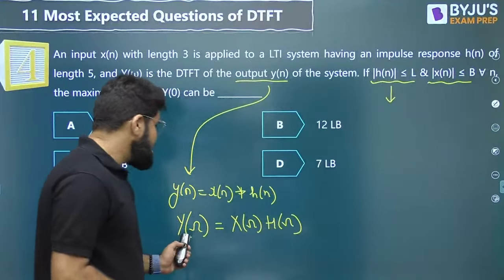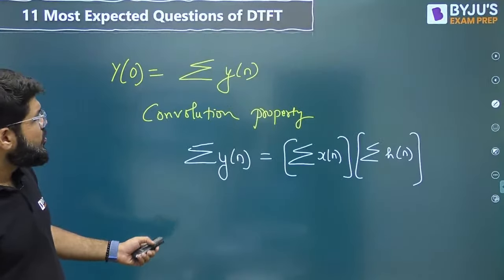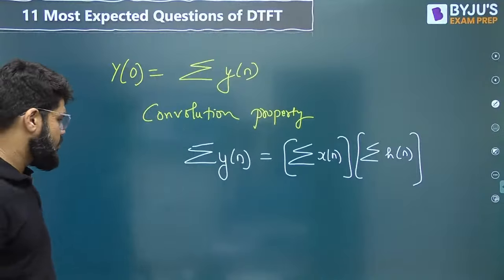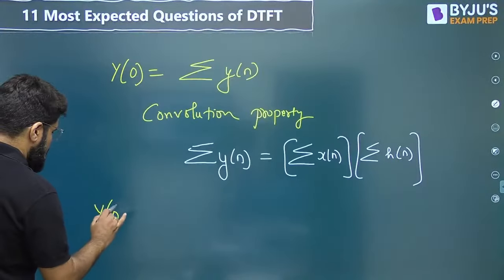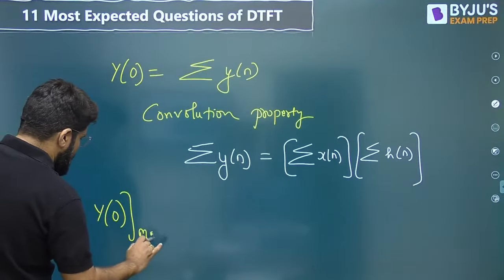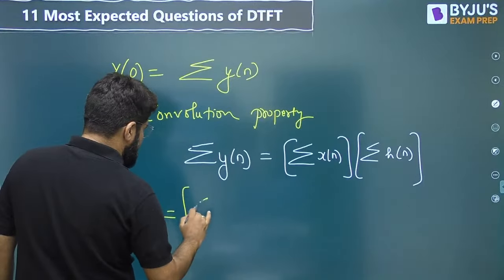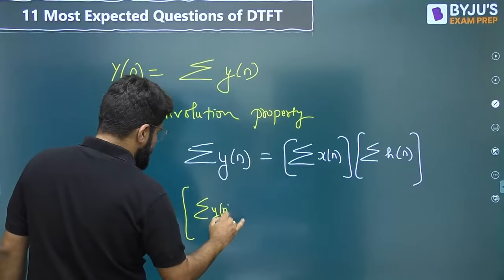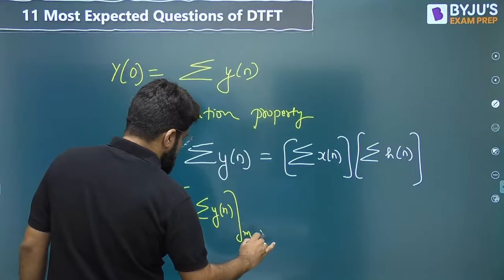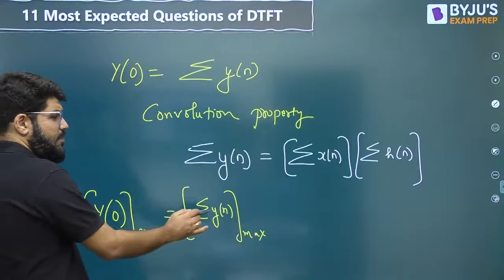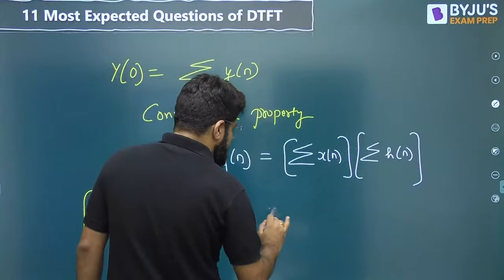Now you want the maximum value of y[0]. Understand the logic. It means you want the maximum value of summation y[n]. This can be maximized if you individually maximize.